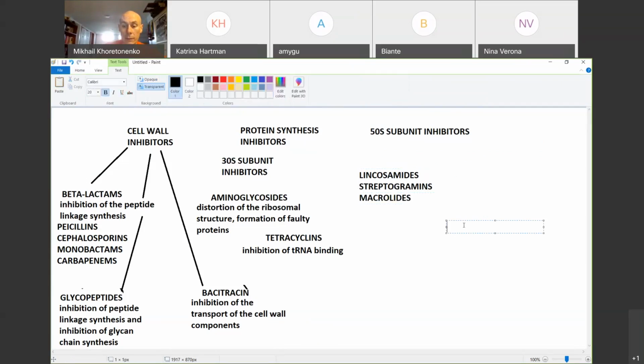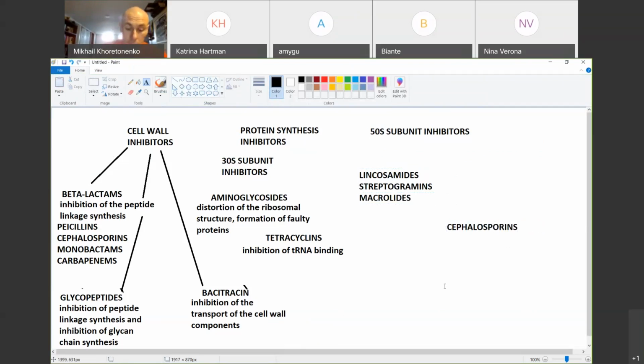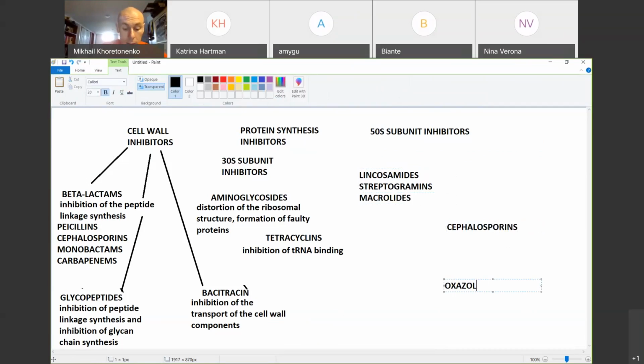Another class of these antibiotics is chloramphenicol. I'm going to move this thing here. And another class will be oxazolidinones.